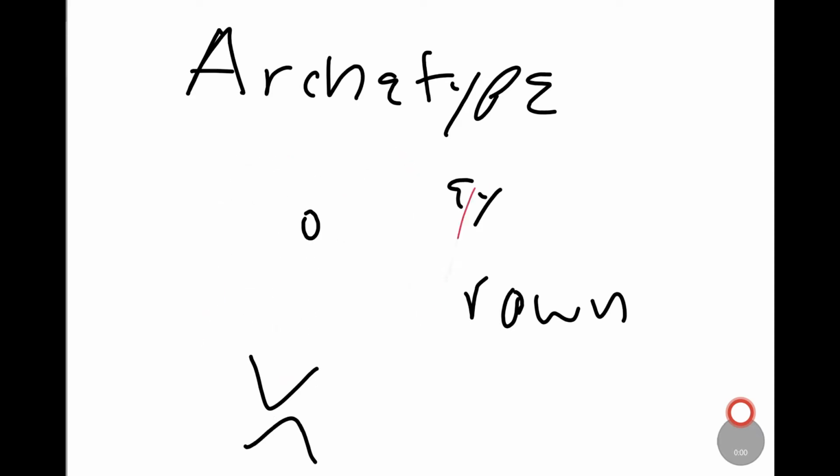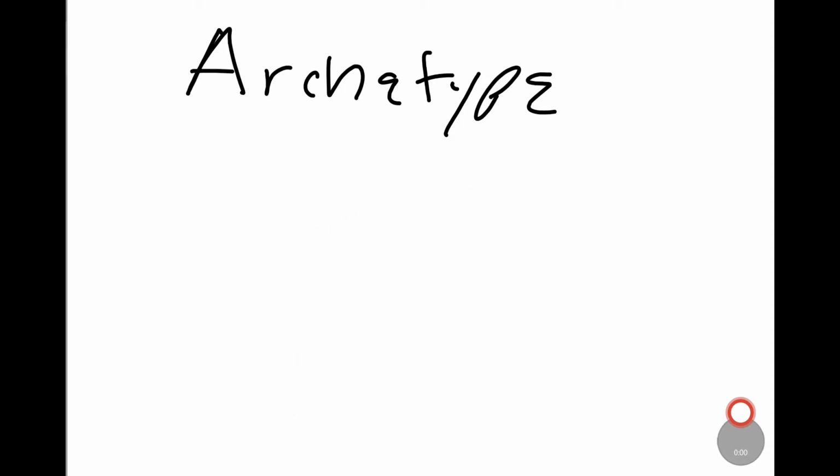But because we're learning, I want to talk about an archetype that we see every single day, but no one ever thinks twice about. And that is the triangle, the equilateral triangle.